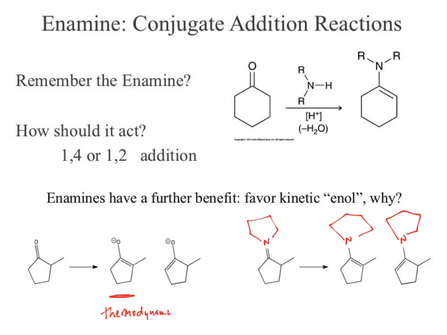We can force the kinetic. How would I force the kinetic? Okay, that's where I'd have to use my stupidly strong bases. Okay, I know, that's fine. Okay, so we tend to favor thermodynamic, and we would usually use bases like ethoxide or T-butoxide. Okay, if I wanted the kinetic, I'd have to use these stupidly strong things. If I move to the enamine, right? If I use the stupidly strong, what do I get?